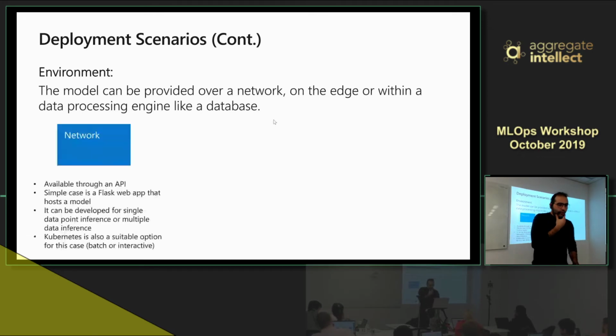For the network, the most popular way to host your model in a network environment is through a web application or web API. It will be hosted somewhere, and based on a link, you can access that API and send requests and get anything you want inferred.